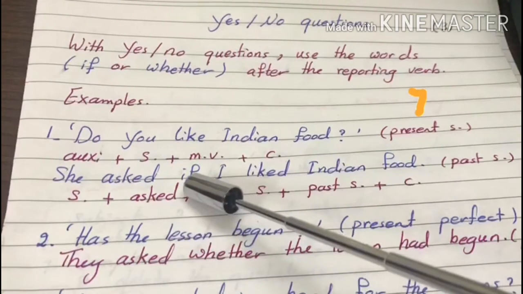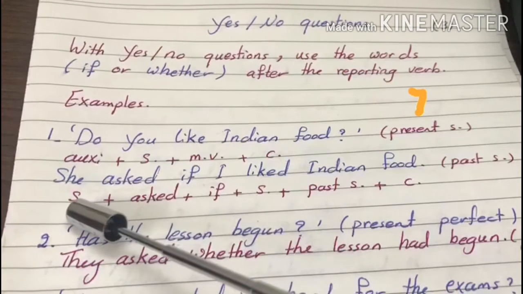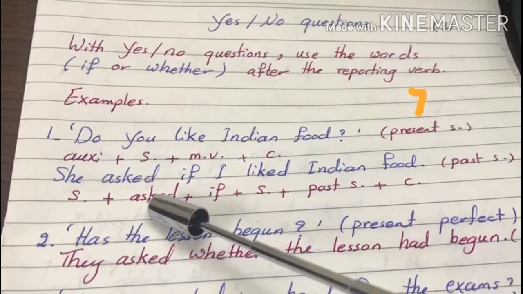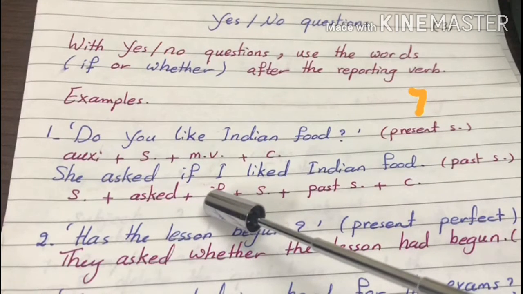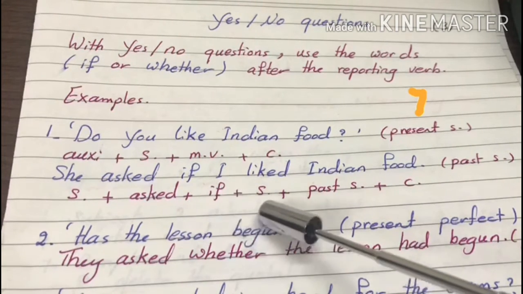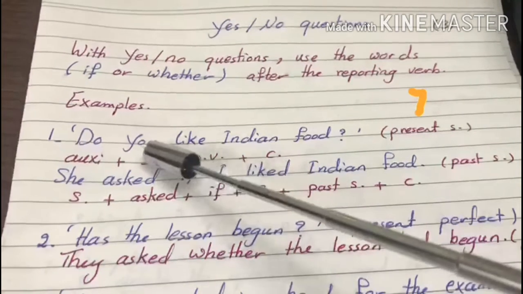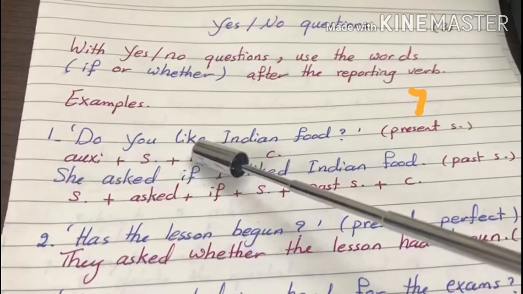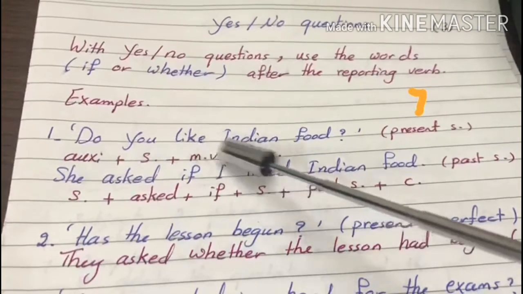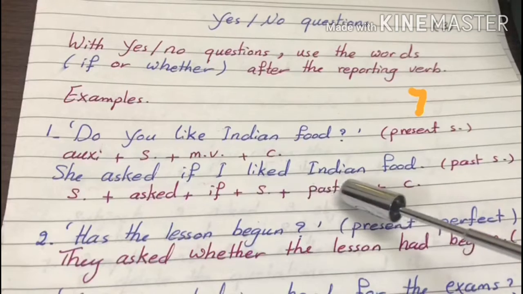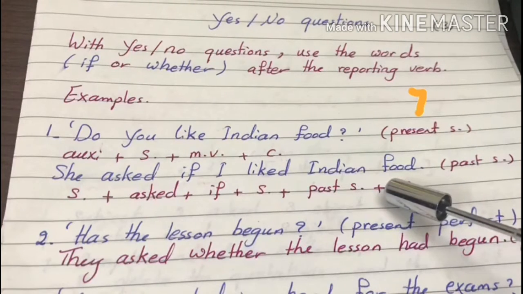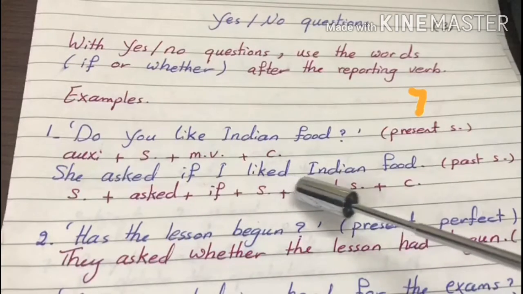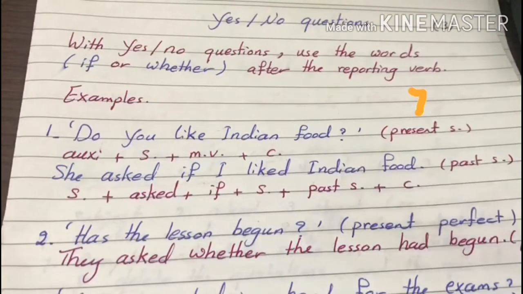When we report this question, it becomes the subject she or he, followed by asked and the word if, and the subject I, you changes to I. From present simple to past simple, like becomes liked, and the complement of the sentence, Indian food. She asked if I liked Indian food.